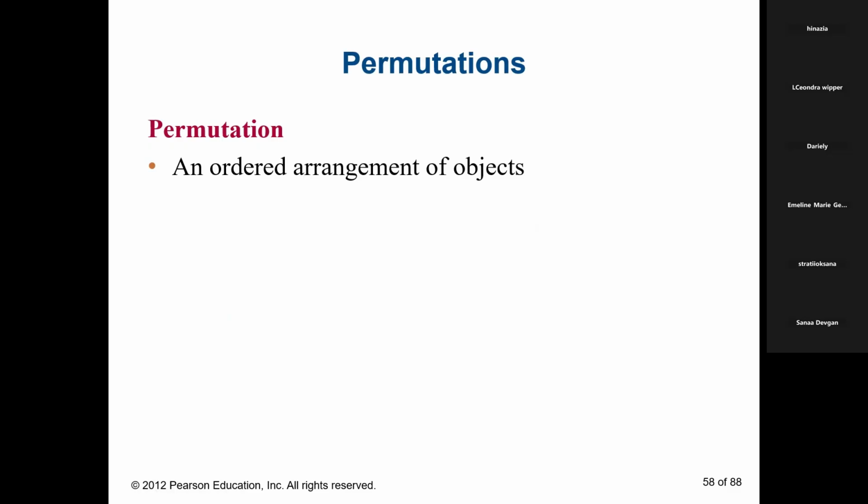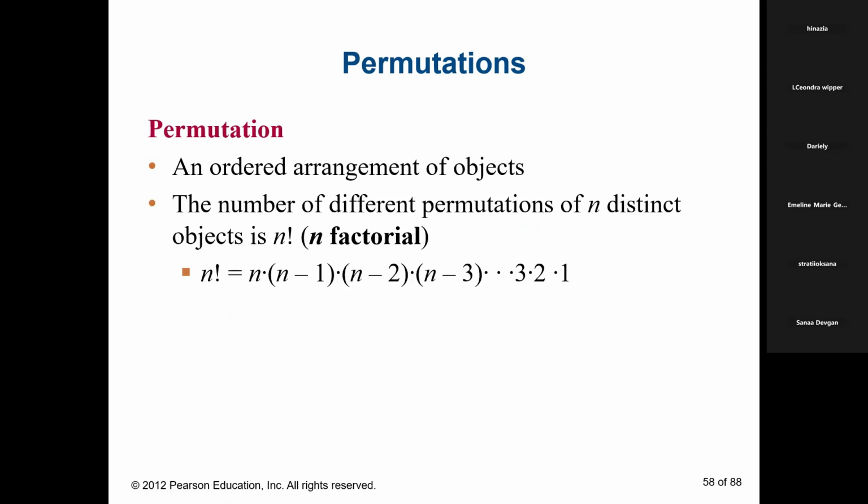In-order arrangement of objects, there is order. In this case we talk about permutation. Order is important. Order does matter. The number of different permutations of n distinct objects is n factorial.